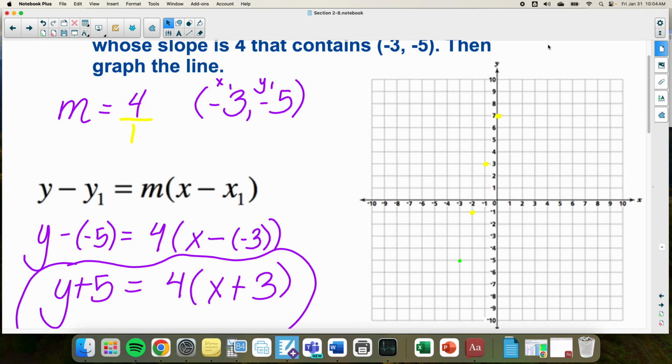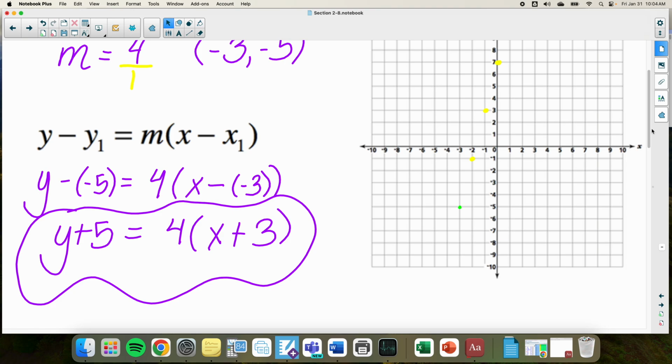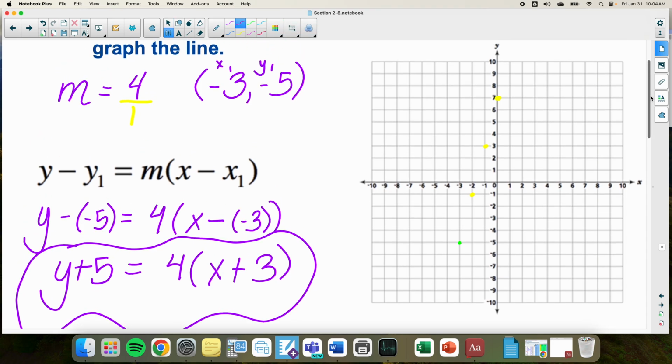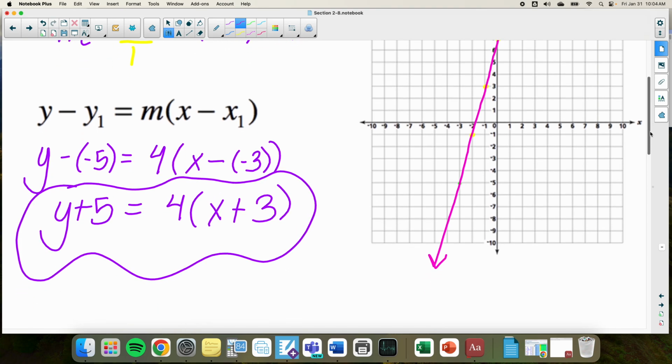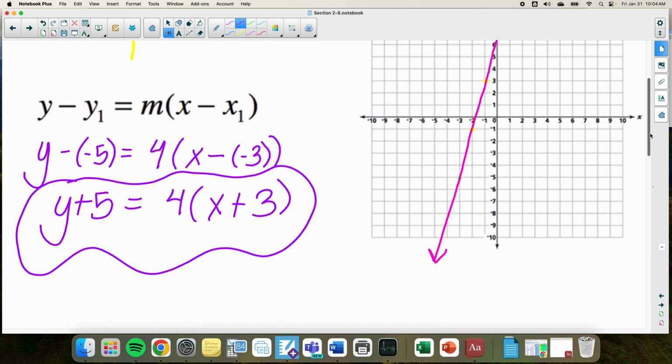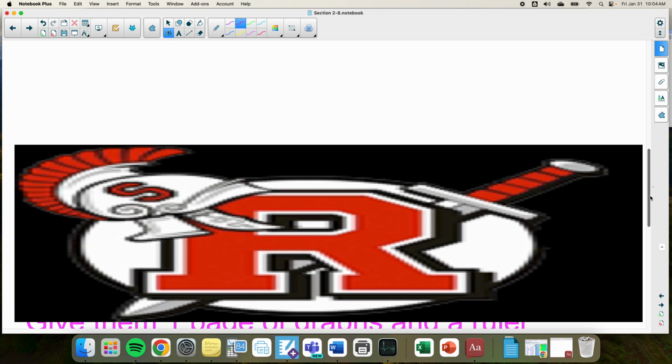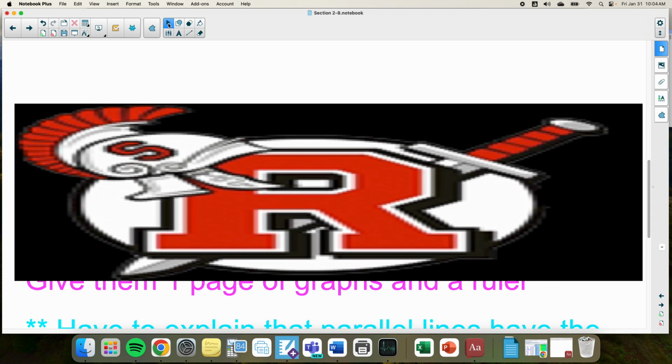Okay, I might just draw the line and not worry about it. So if I go to draw that, I am going to have something that looks like this, okay? And so that's what your graph is going to look like. If you had a negative slope, your line would be going down from left to right. And here is your assignment.